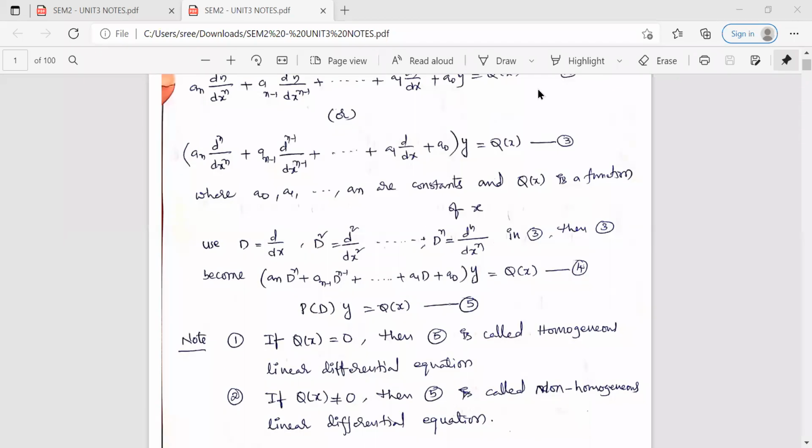Here, first of all, we have to find the method in this chapter.